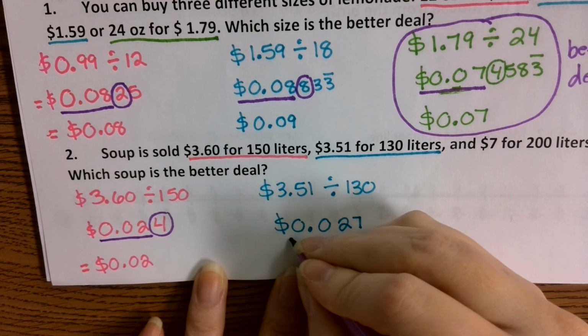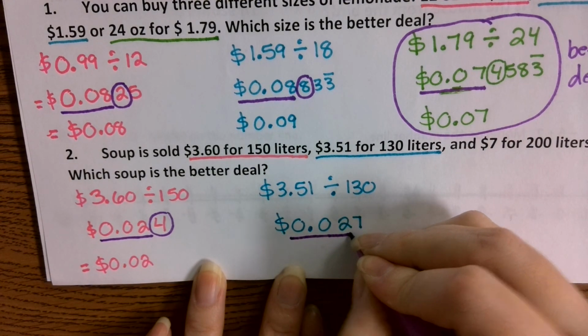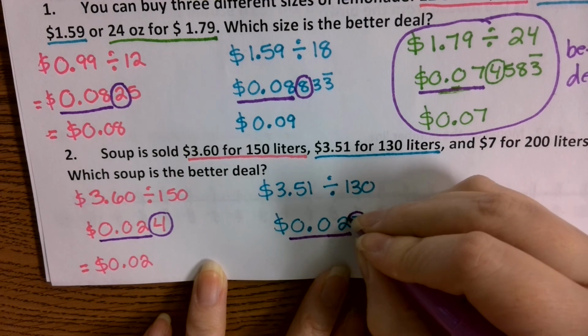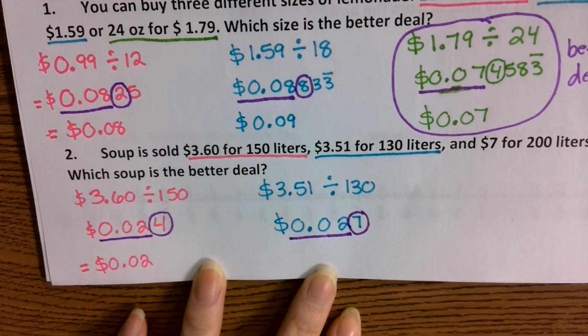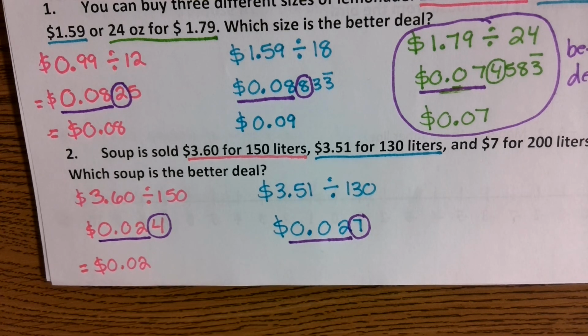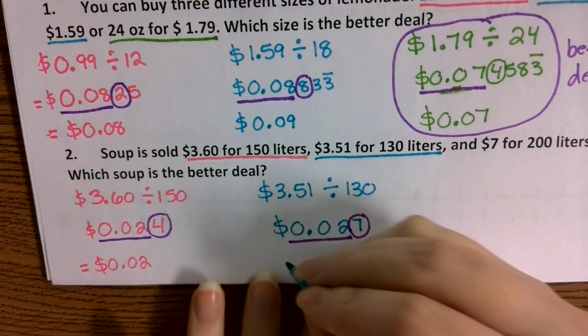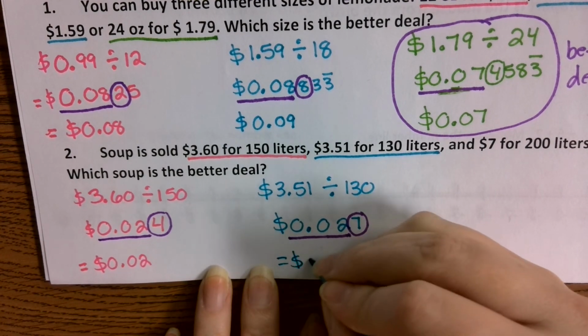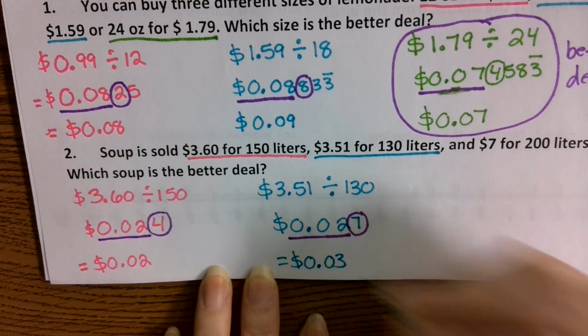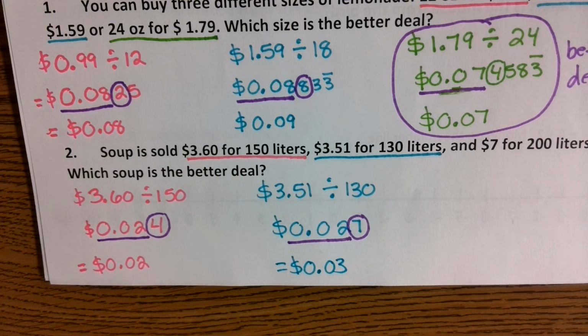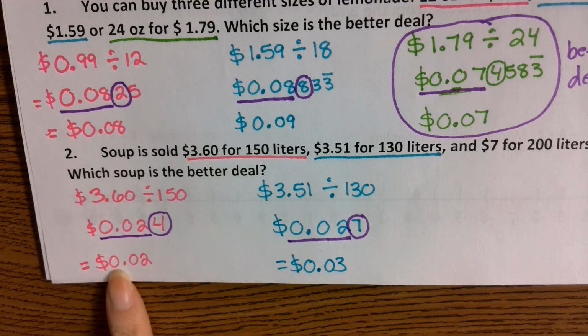He said it's 3 cents, because even though it's 0.02, the value behind it is a 7, right? And Alfred, remember we said 5 or above, we give it a shove. We round it up to the next value. So this is going to be 3 cents. So far, which one's cheaper? The first one. So far, the first one's cheaper, right?